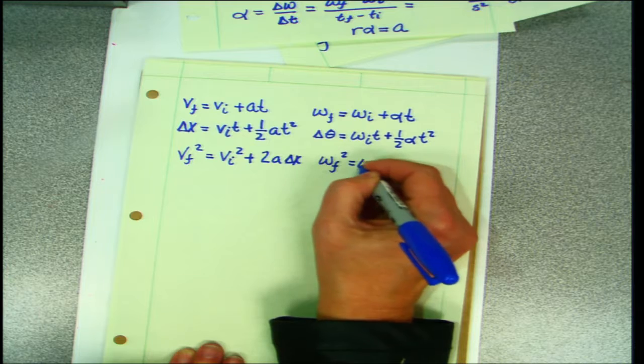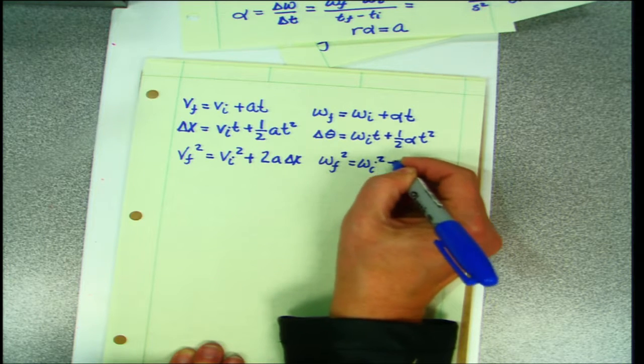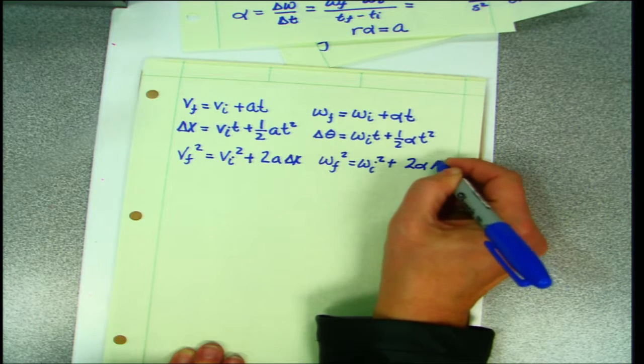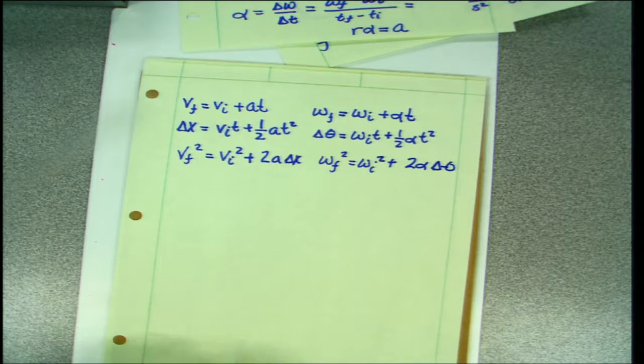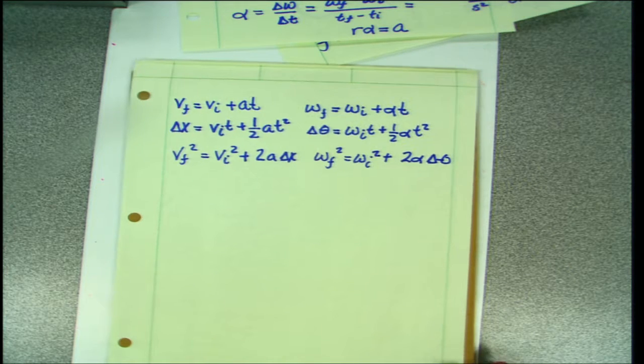So let's travel with this. We've got a wheel, and it's going to be traveling with a constant angular acceleration of 3 radians per second squared.